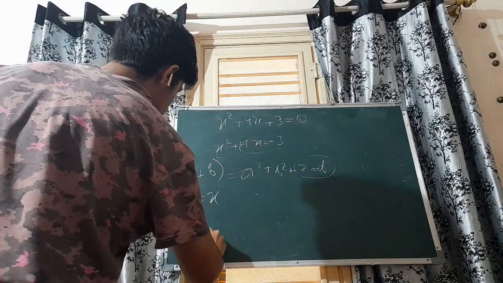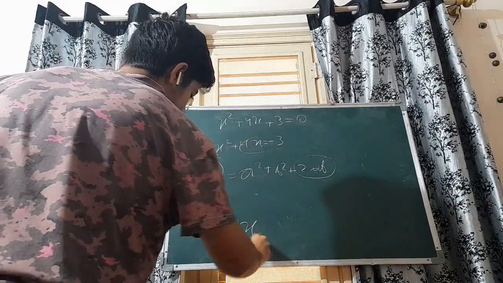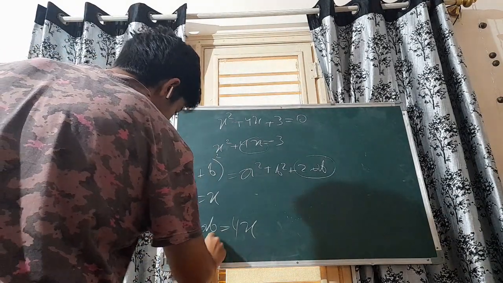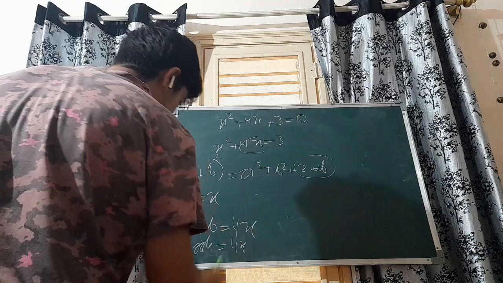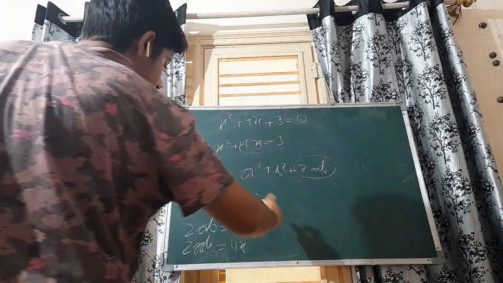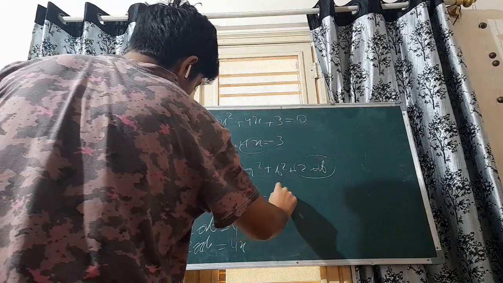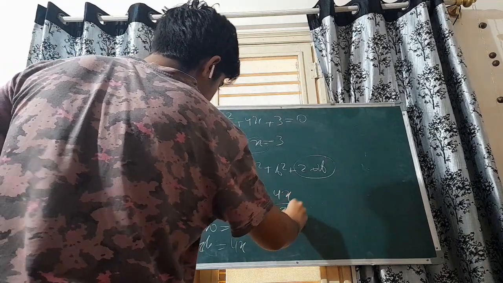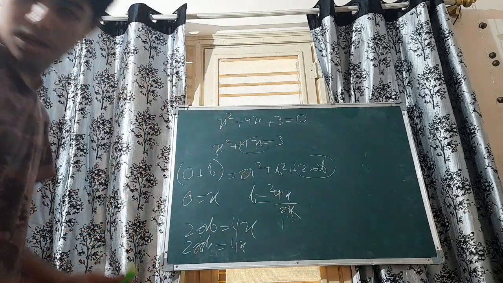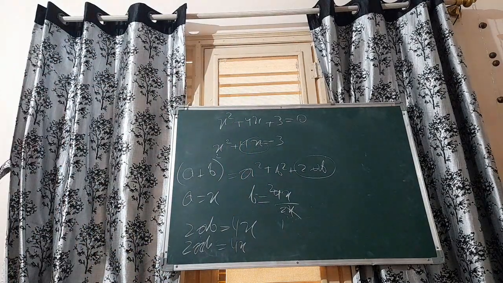So we have 2ab equals 4x, and we already know that a equals x. So we write 2xb equals 4x. If you divide by 2x, you get b equals 4x by 2x, or b equals 2. So here we have b as 2, a as x.